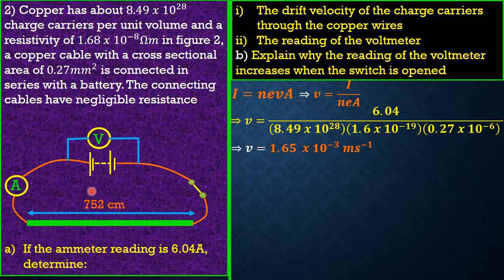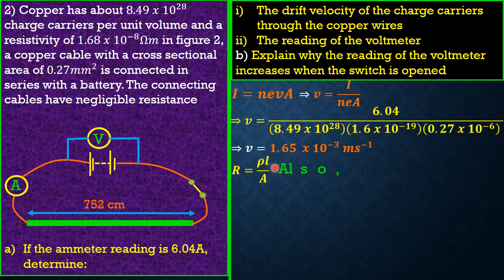So the voltmeter simply reads what? The potential difference across the circuit. So we need to recall that the resistivity is related to the resistance, the length and the cross-sectional area by the formula R equals rho L over A, where R is the resistance of the copper wire, rho is the resistivity of the copper wire, L is the length of the wire, and A is the cross-sectional area.